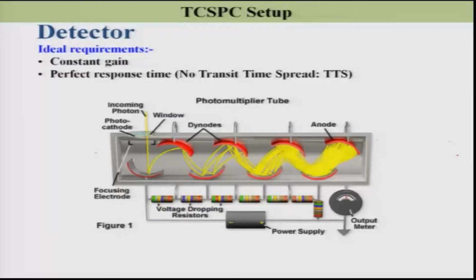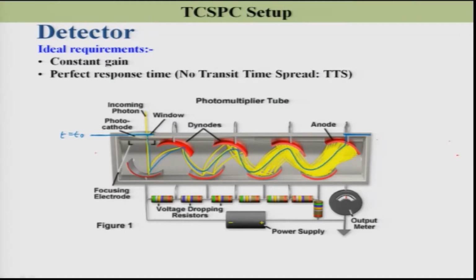To do that, let me consider that when the photon interacted with this photocathode, the time is t equal to t0. The whole process starting from here, all this electron multiplication, this complete process, is obviously not instantaneous.